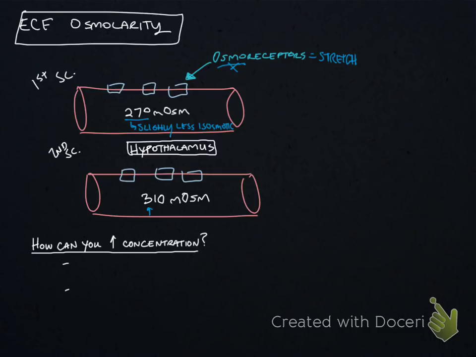If it is a receptor, that means it has to be connected to some sort of neuron, if it is an osmoreceptor. So let's draw this neuron as it is connected to the hypothalamus. Since it is a sensory receptor and it's sending information to the hypothalamus, that would make this an afferent neuron.